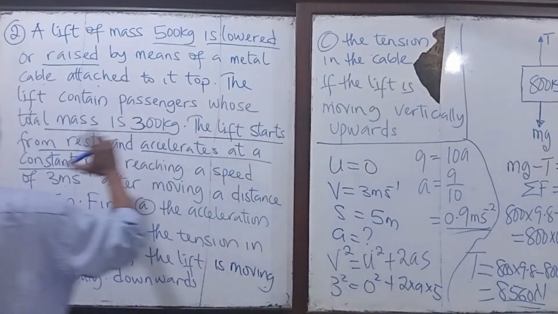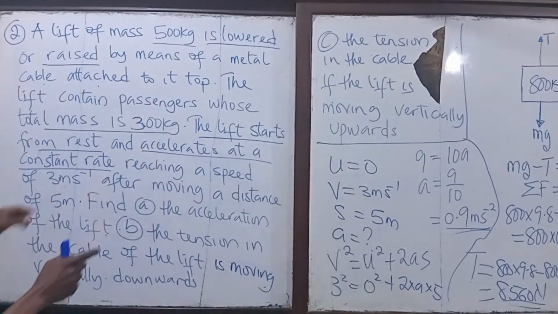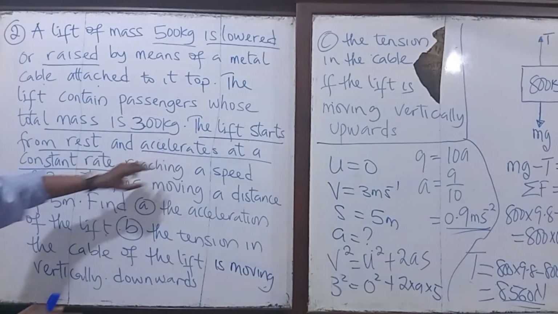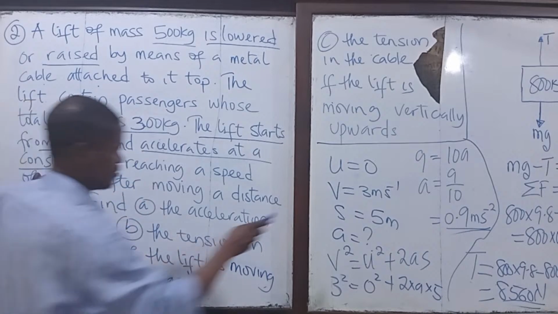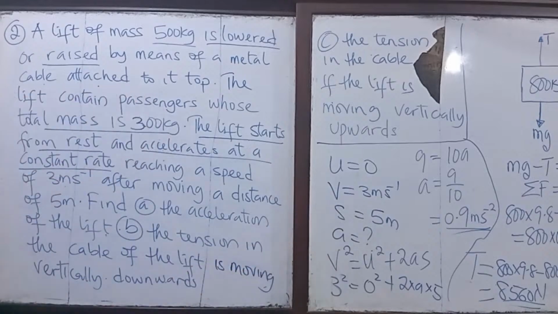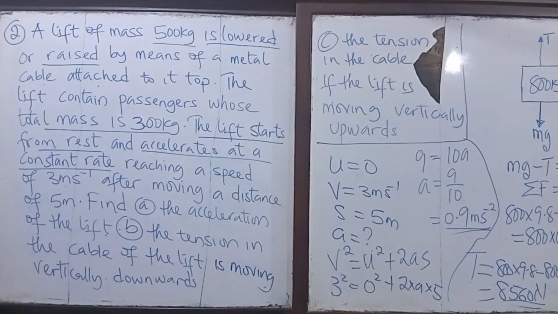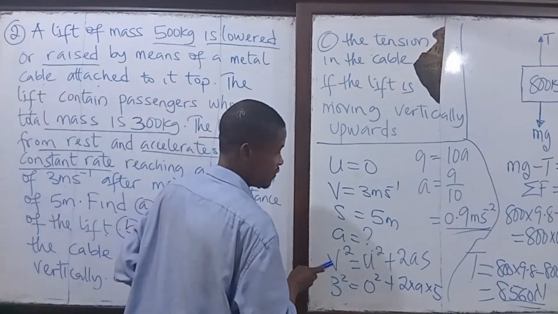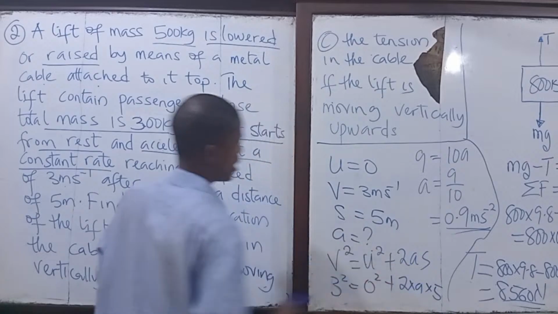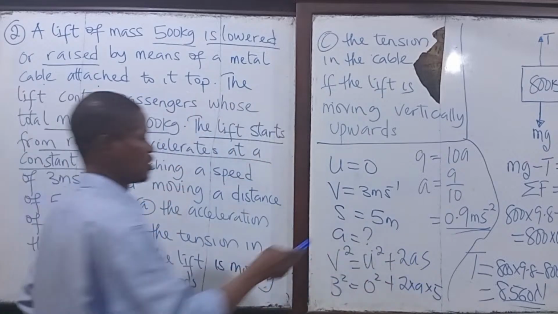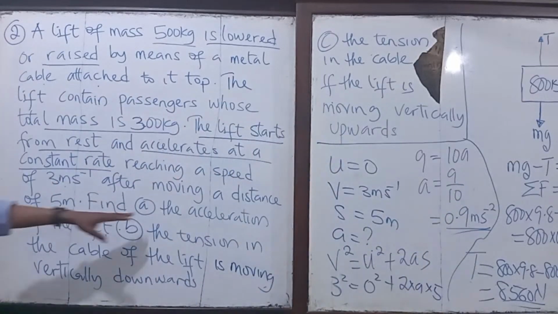The lift starts from rest, so u is 0, and accelerates at a constant rate, reaching a speed v of 3 meters per second after moving a distance of 5 meters. Acceleration is not known. Use the equation v squared equals u squared plus 2ax, and find your acceleration, which we got as 0.9 meters per second squared. So the A part is done.